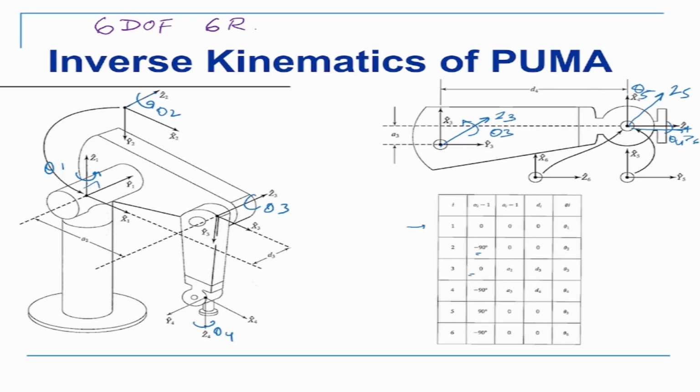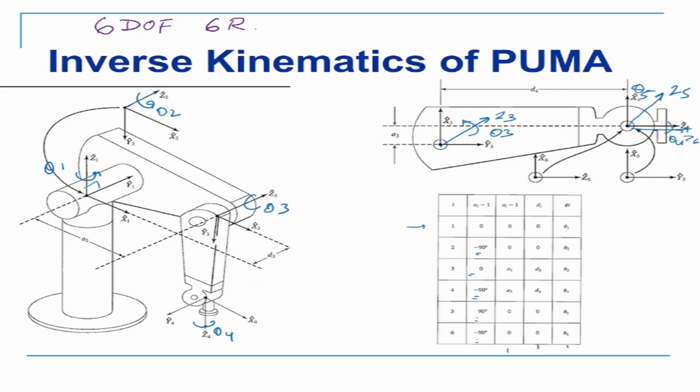Z3 and Z4: Z3 has been rotated by 90 degrees clockwise, so it's minus 90. Then Z4 to Z5 is anti-clockwise, so plus 90, and then clockwise again, so it becomes minus 90. These a, d are the link lengths and the offsets, and the variables are theta 1 to theta 6. So this is the DH parameter table.